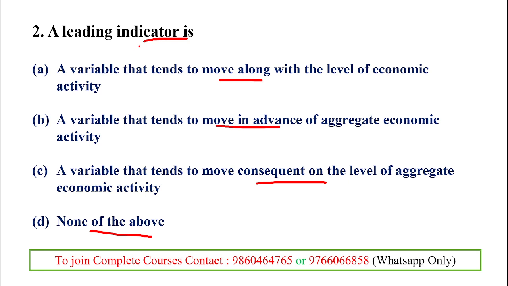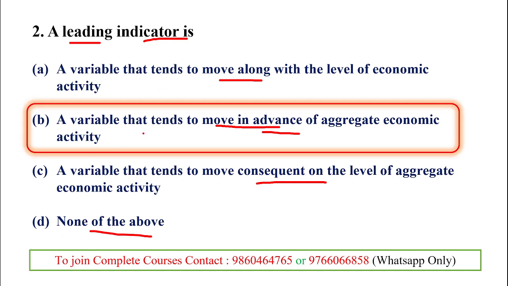So here leading means the forward movement of an economic activity. So it means advance. So the answer is the variable that tends to move in advance of aggregate economic activity.